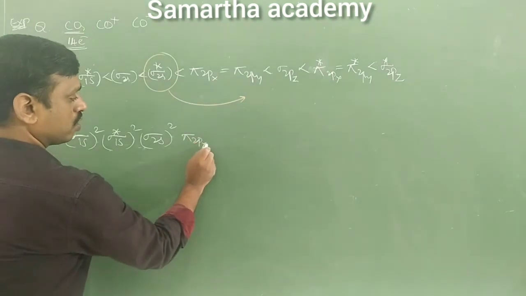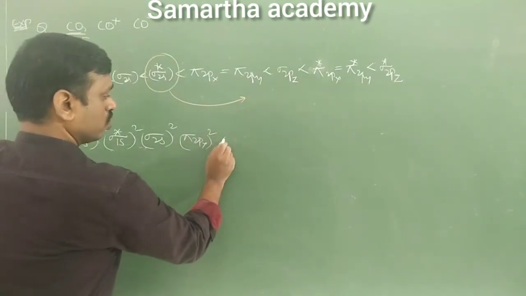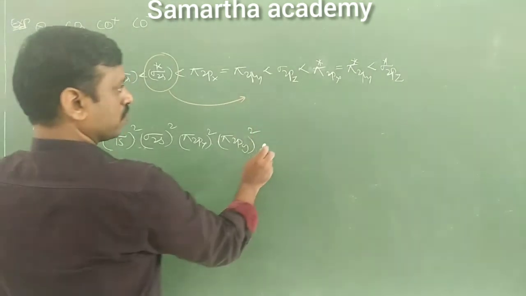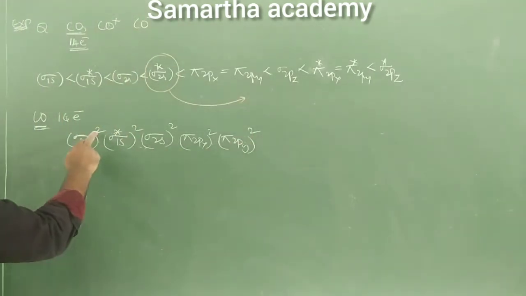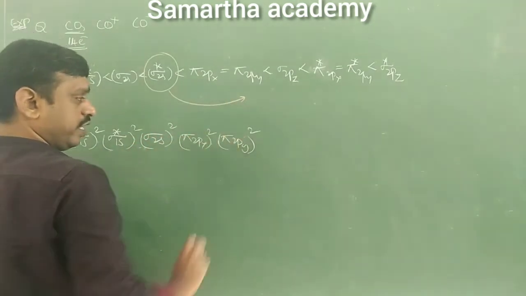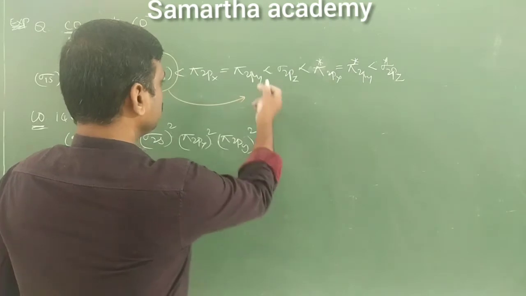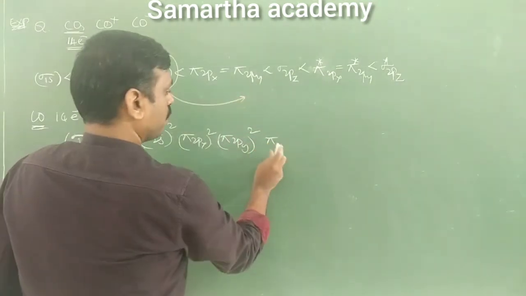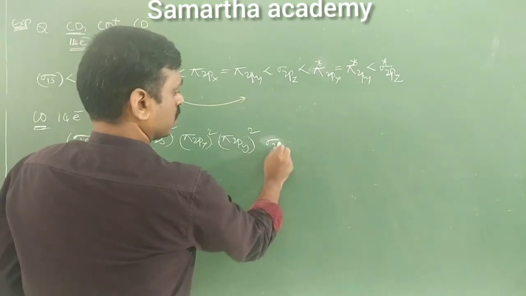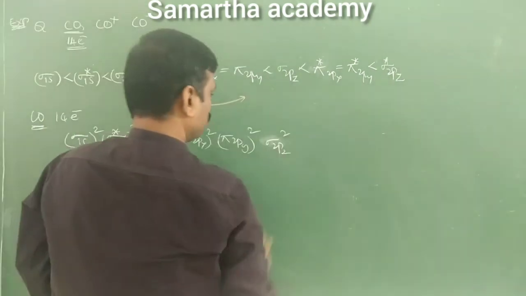Pi 2px 2, pi 2py 2, then how many electrons are over? 2, 4, 6, 10. No, next is as usual, sigma 2pz 2.